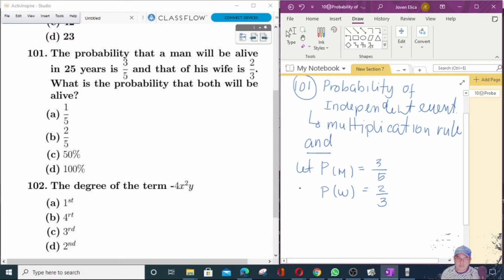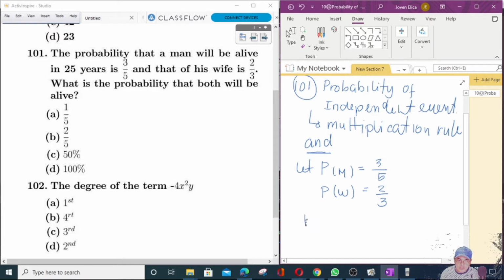They are both alive in 25 years. Applying the multiplication rule, because this is an independent event and they use "and" in the sentence.